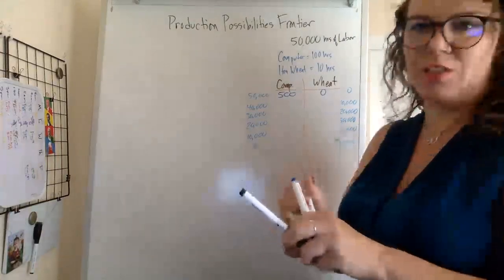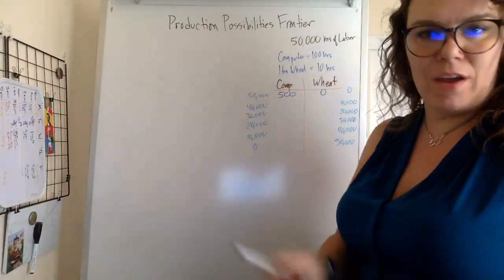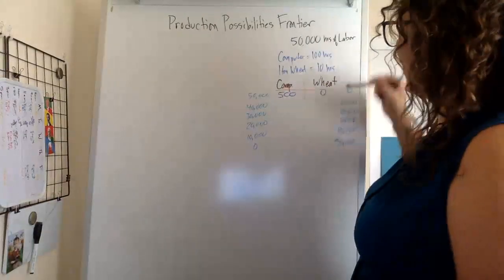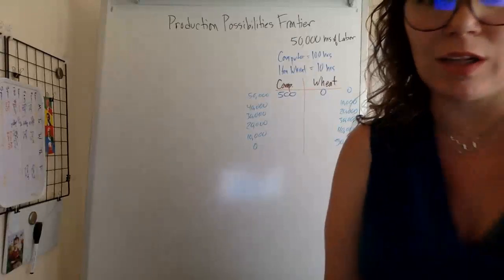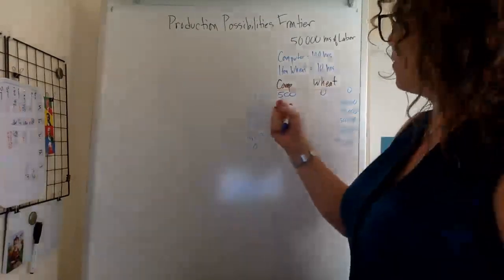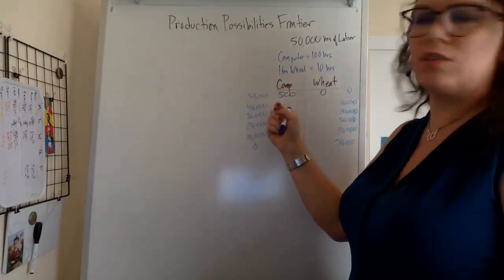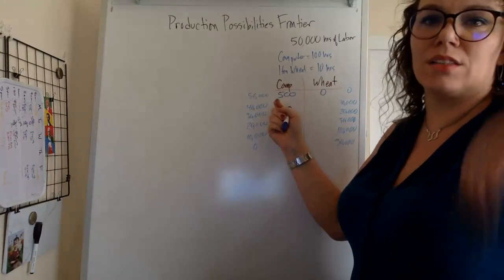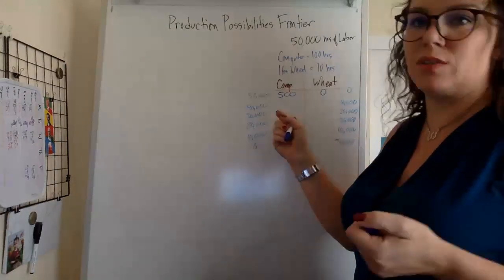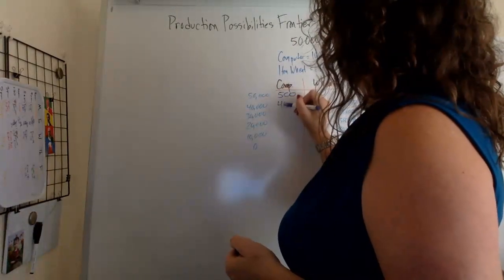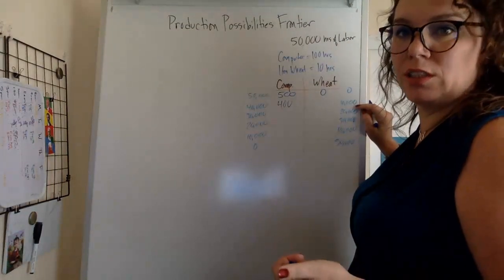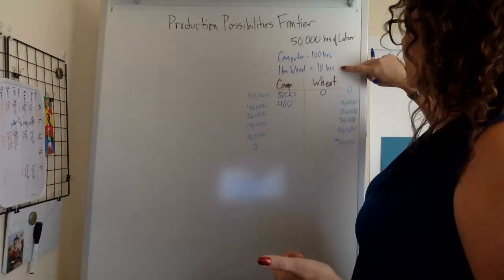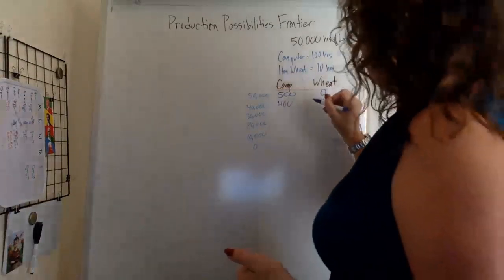And at every stage, you can calculate how many of each good you produce by looking at the cost in labor hours and the total hours available for production. So 40,000 hours when it costs 100 hours to produce each computer means we'll get 400 computers. 10,000 hours for wheat production when each ton of wheat costs 10 hours means we'll have 1,000 tons of wheat.